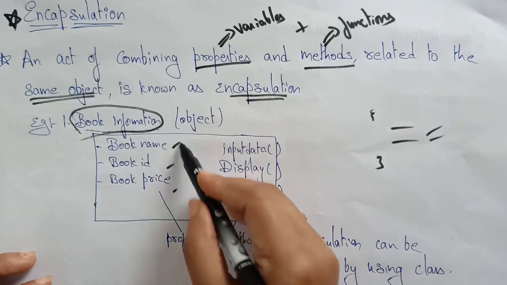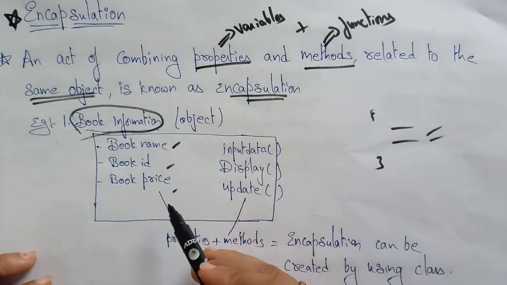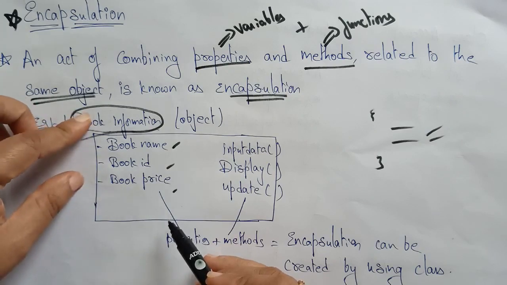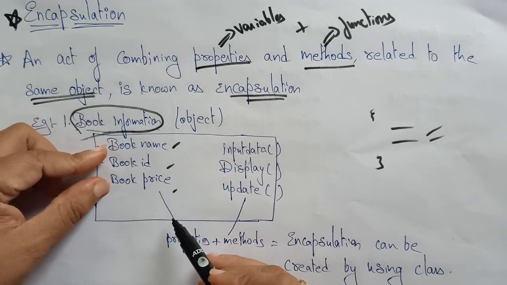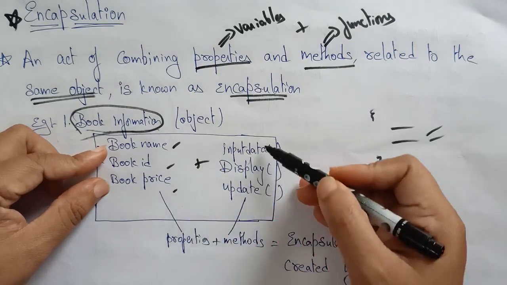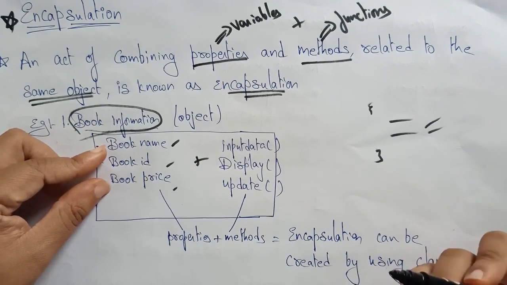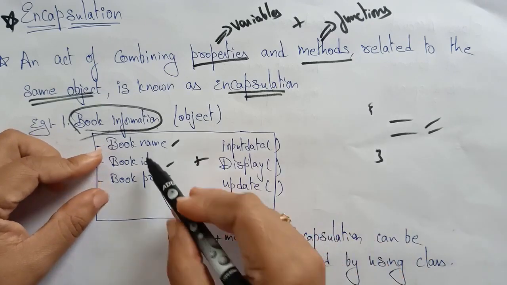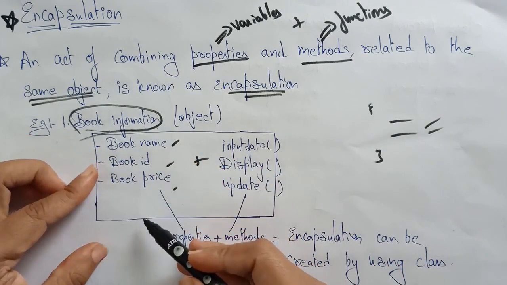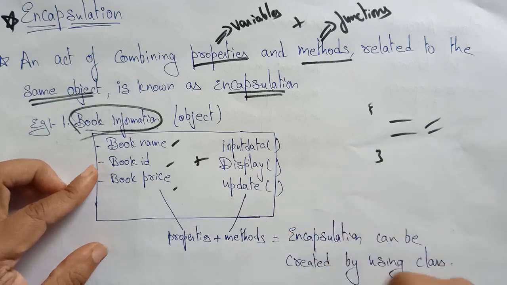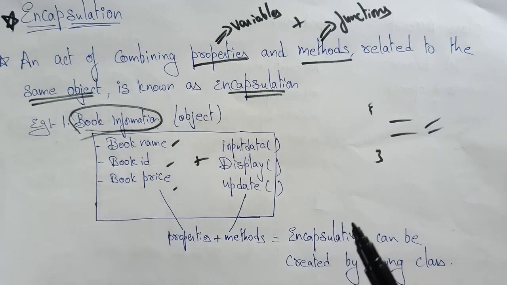So these all come under the properties. Properties are nothing but the variables. So book information is an object. This object consists of some properties, that is variables, as well as some methods. So you will get why we require the methods, why we require the functions. Because simply declaring the variables is not sufficient. These variables will be used to perform some actions, so that whatever question we ask, we will get that output.